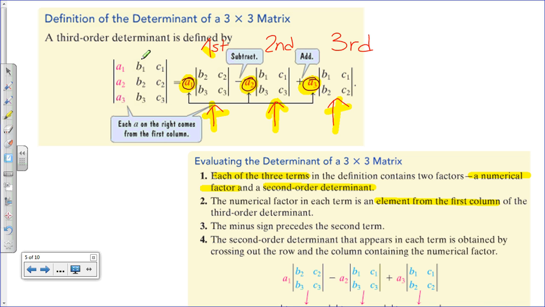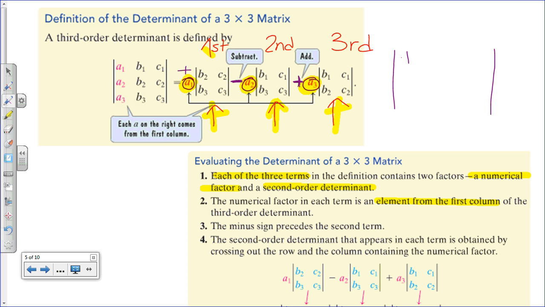Now, there is some order of signs, and here we see that we started with a positive sign, and then a negative sign, and then a positive sign for our cofactors, our numerical factors. One thing you can do to keep the order of those factors, if you select something other than the first column, is just keep this order of signs.